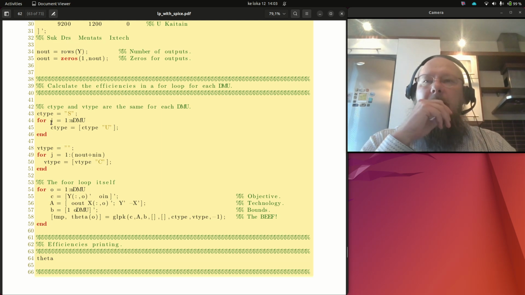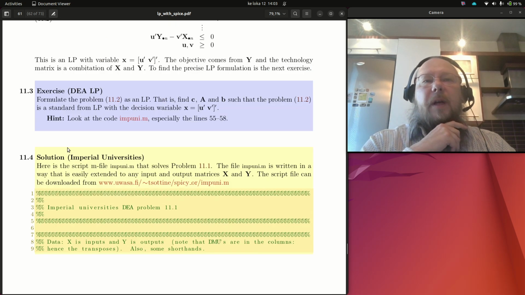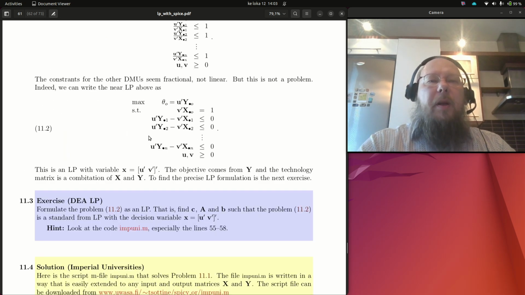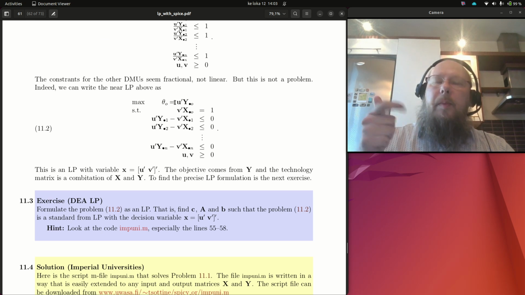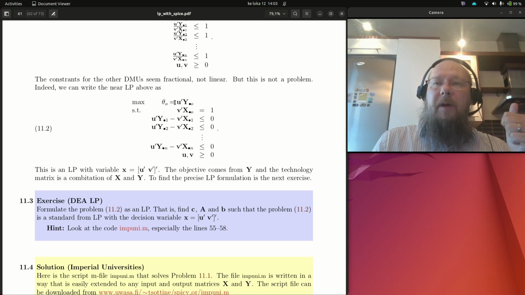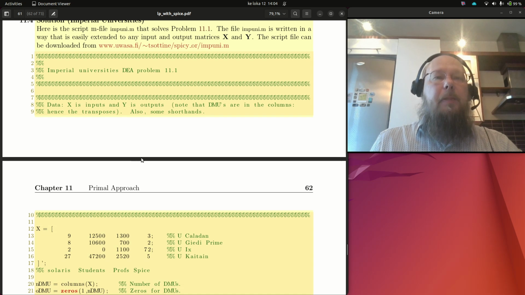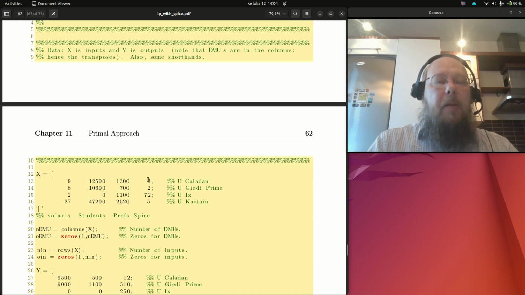Alright, then we need a variable type, V type. All of these variables are continuous. And how many do I have? The length of u plus the length of v variables. For each output I have one variable, for each input I have one variable. They are called u and v, but in this solution they have not been given any name.